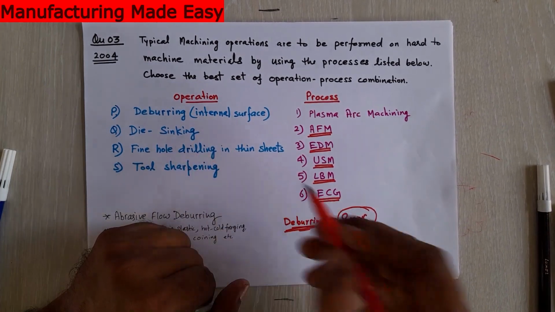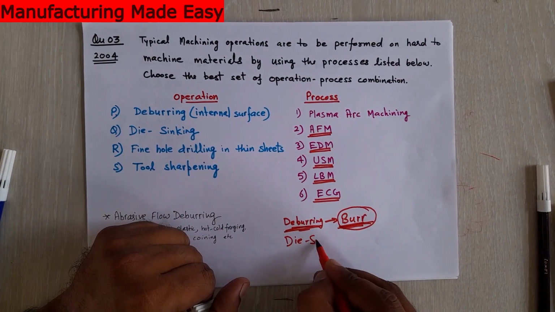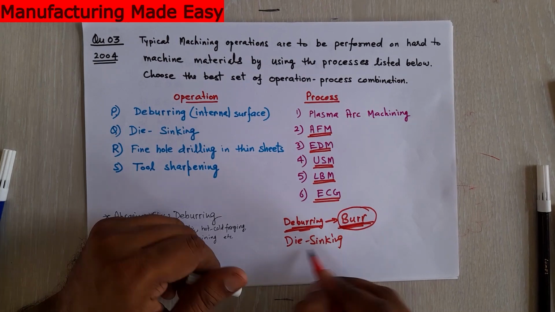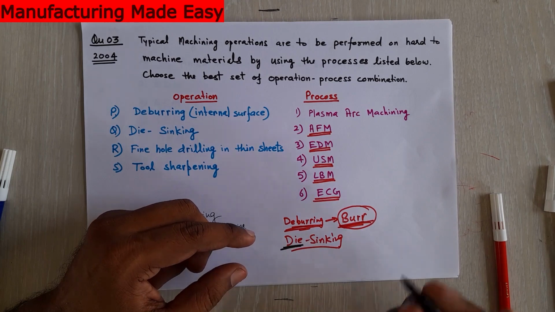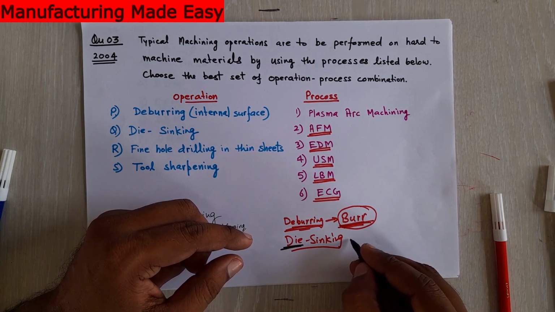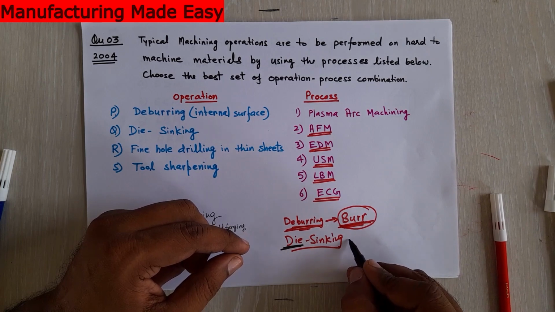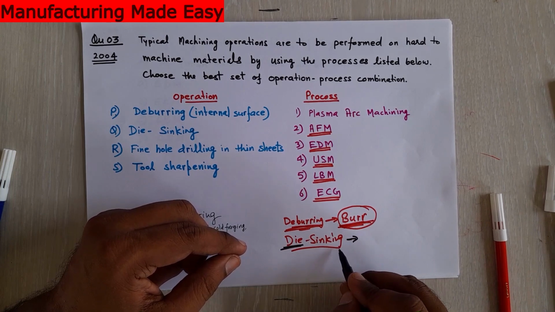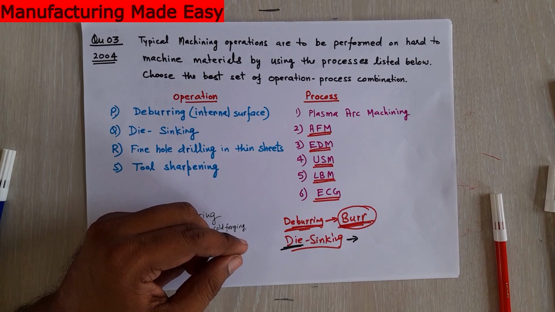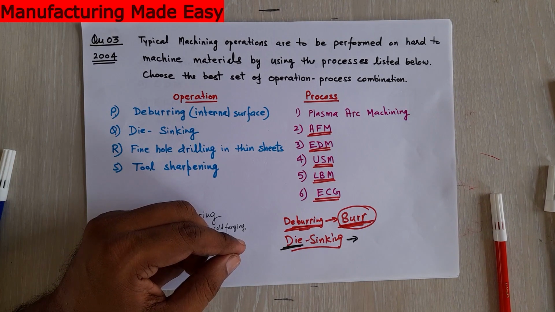And next is the die sinking. Die sinking is the machining process to machine a cavity in the steel block. Means any kind of material or block, specifically in the steel block, when we are machining a cavity, that is called die sinking. So die sinking is related to producing a cavity in the steel blocks. So what do we do with these cavities?